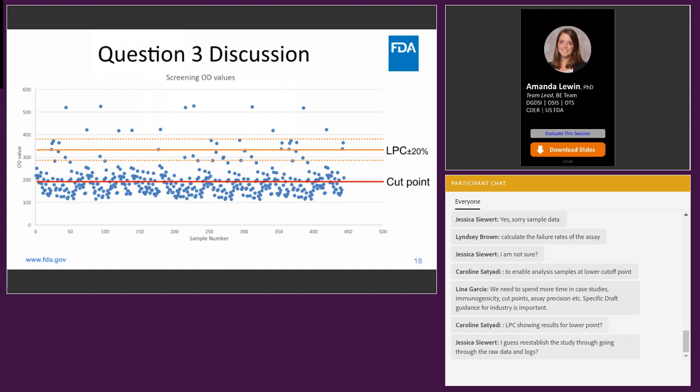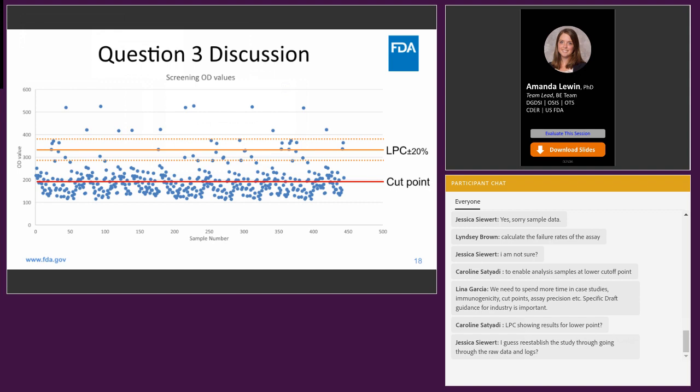Most of the time we're getting an instance that looks like this. So again, your LPC in orange with the 20% dotted on either side, and red being your cut point. In this case, the LPC didn't fail during sample analysis at all. So it was never negative, and it's not monitoring the assay performance near the cut point.